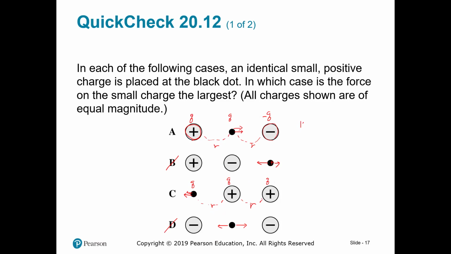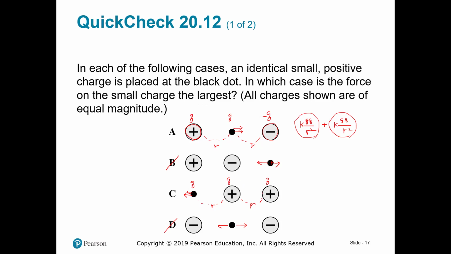That's simply k times Q over R squared. And then how about the second force? It's also to the right. So basically this is plus kQ over R squared. So you basically add two forces of the same magnitude.